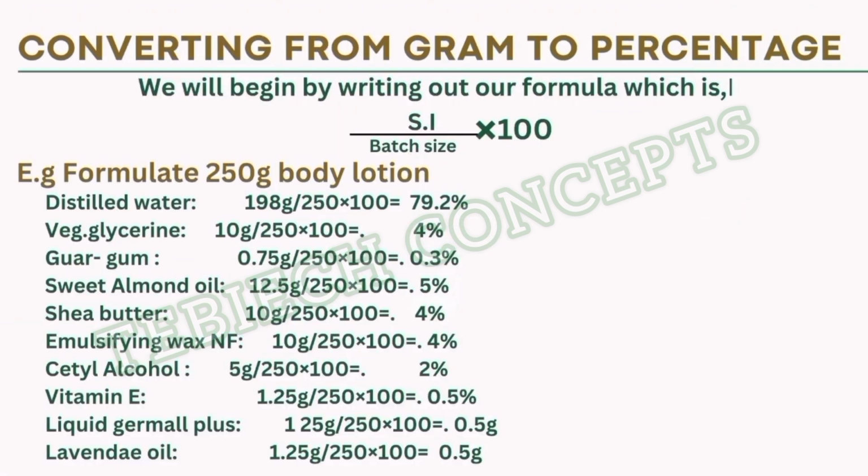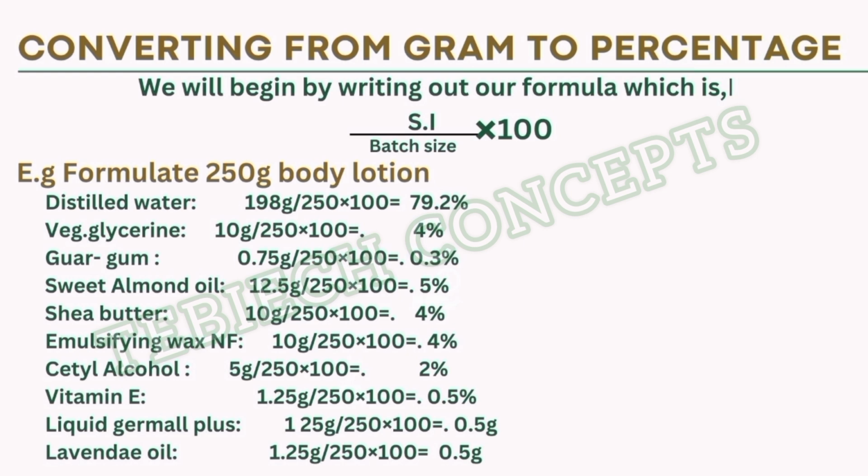If you look closely at this next slide, you will discover that we started calculating with our formula, which is the SI, that's single ingredient, divided by the batch size, multiplied by 100. Look at the example. In this body lotion, we are formulating 250 grams of body lotion. So I'm going to pick the first single ingredient there, which is distilled water.